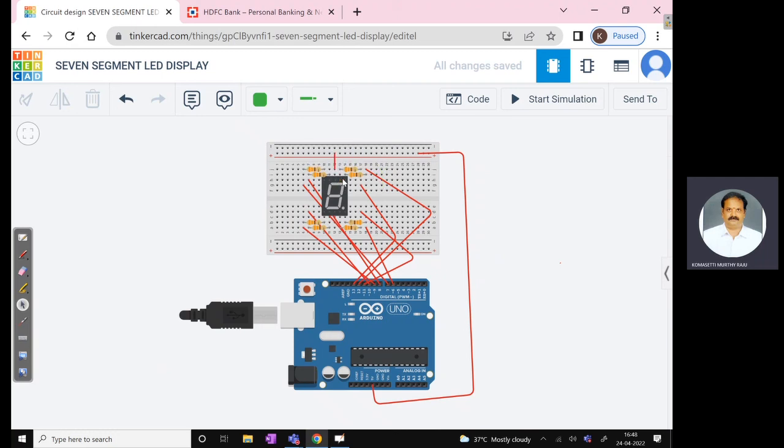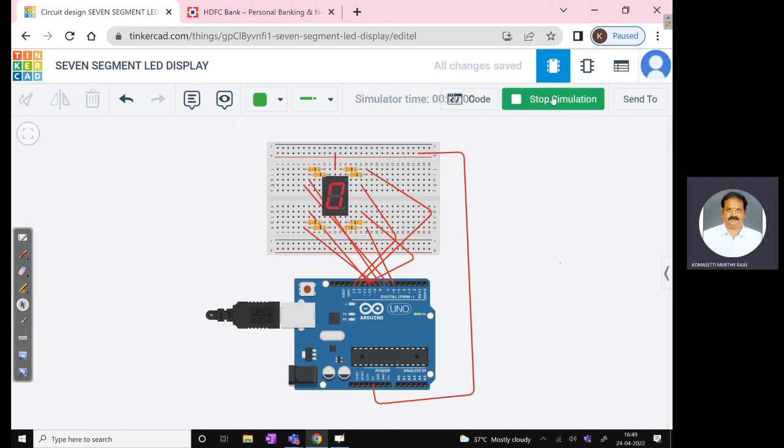The remaining A, B, C, D, E, F, G, and decimal point are connected to digital pins of the Arduino board through these 330 ohm resistances, 1, 2, 3, 4, 5, 6, 7, 8 resistances. This is the circuit diagram.